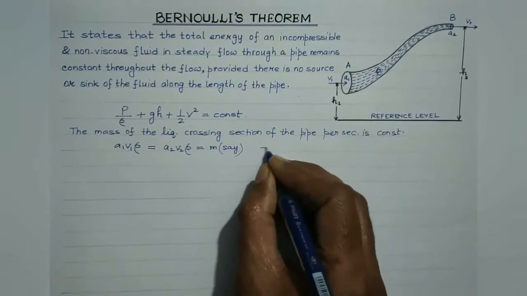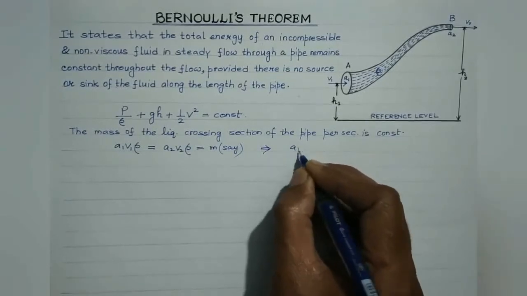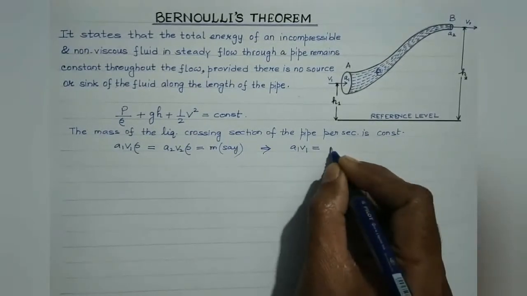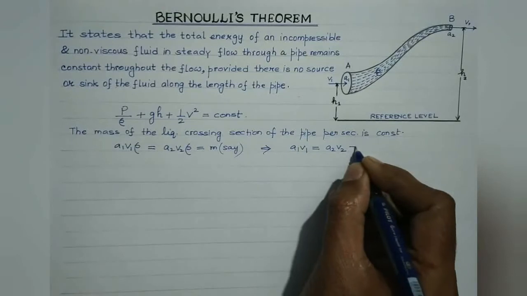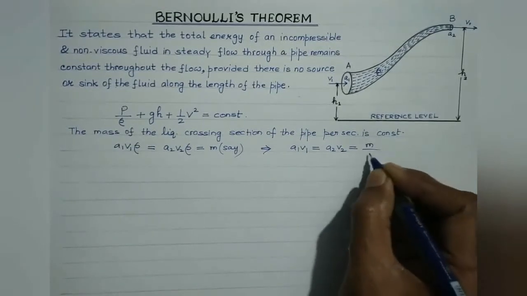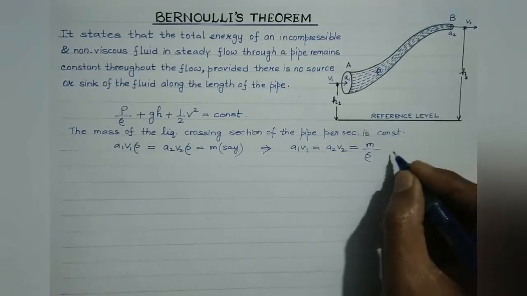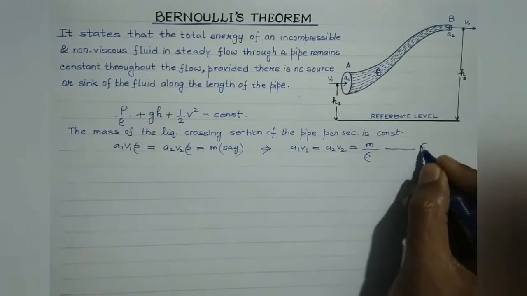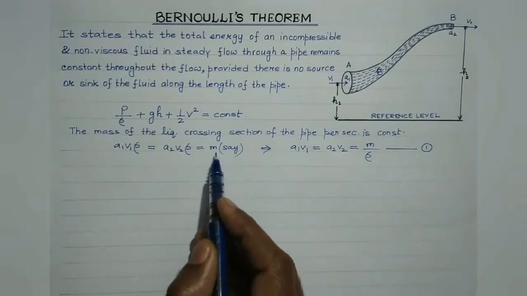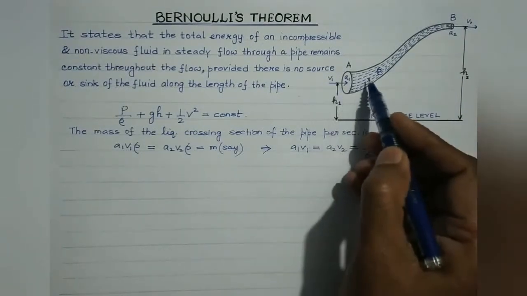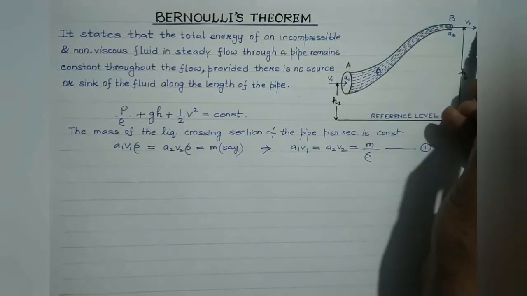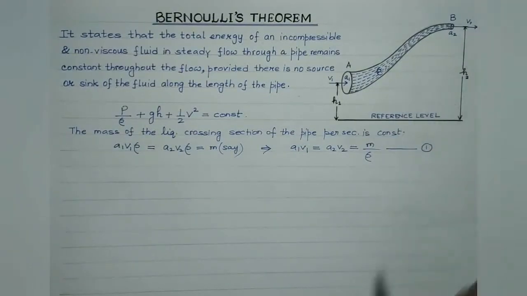So what we get is A1 V1 is equal to A2 V2 is equal to m by rho. Put this as equation number 1, right? Here m is the mass of the liquid entering or coming out of any section of the pipe per second.